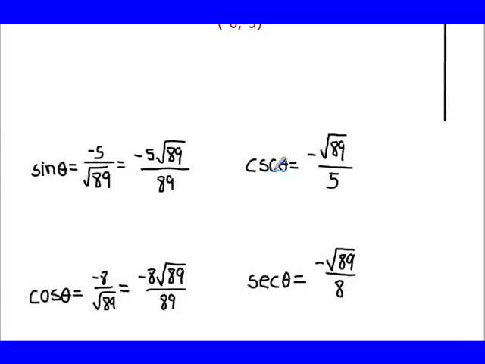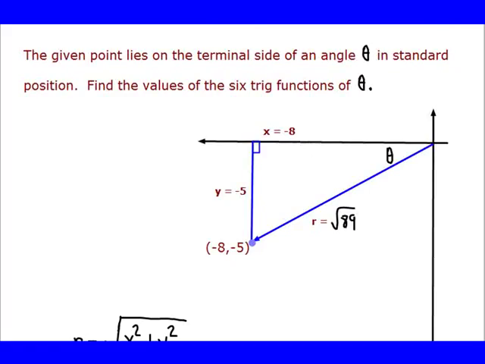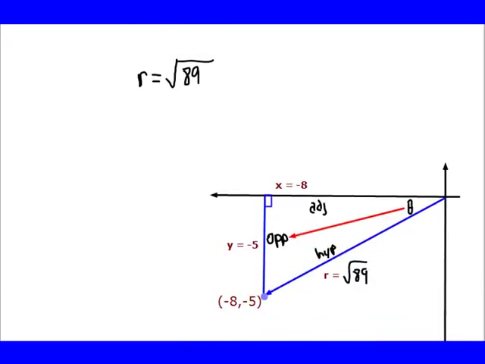And now we know that the cosecant is the reciprocal of the sine. So using this first fraction here, the cosecant in its rationalized form is minus the square root of 89 over 5. Now again, when you go back and look at the triangle, the adjacent side is where x equals negative 8.